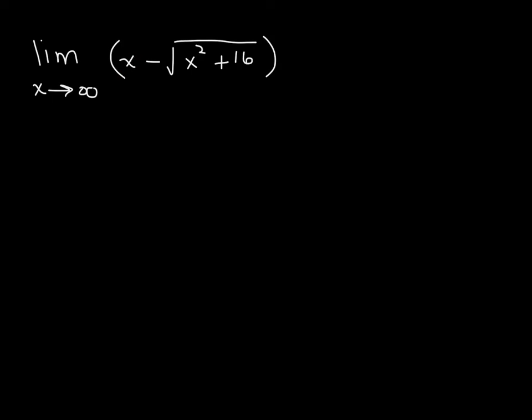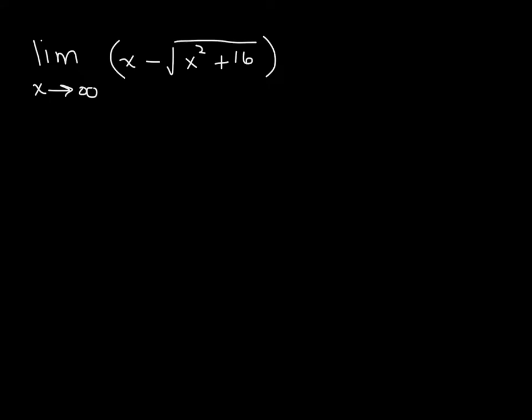Now remember, in the graphical representation, if you and I can find that the limit at infinity is equal to a real number, then we have found a horizontal asymptote for the graph of our function.